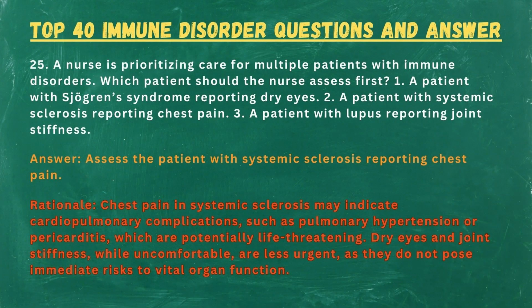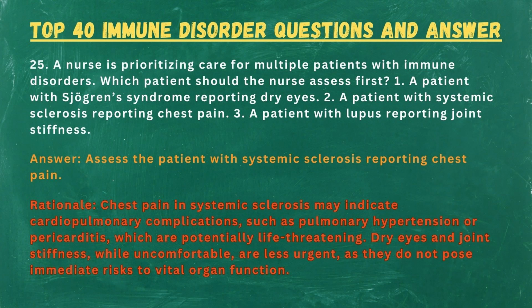25. A nurse is prioritizing care for multiple patients with immune disorders. Which patient should the nurse assess first? 1. A patient with Sjogren's syndrome reporting dry eyes. 2. A patient with systemic sclerosis reporting chest pain. 3. A patient with lupus reporting joint stiffness. Answer: assess the patient with systemic sclerosis reporting chest pain.